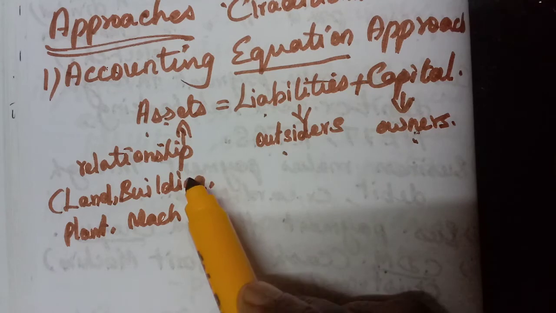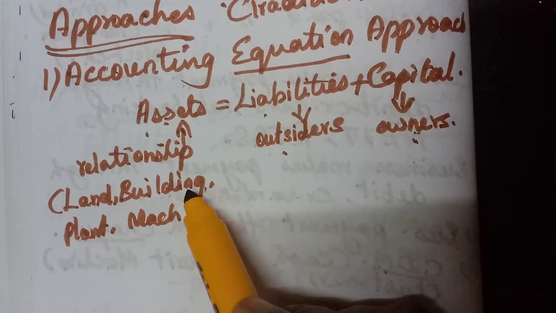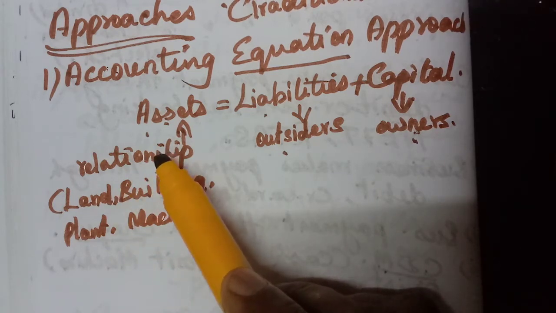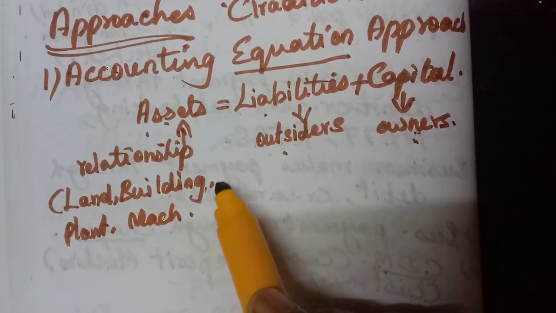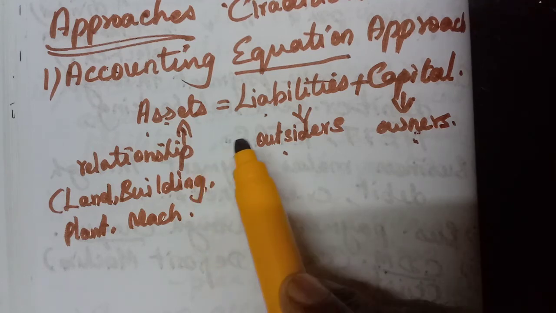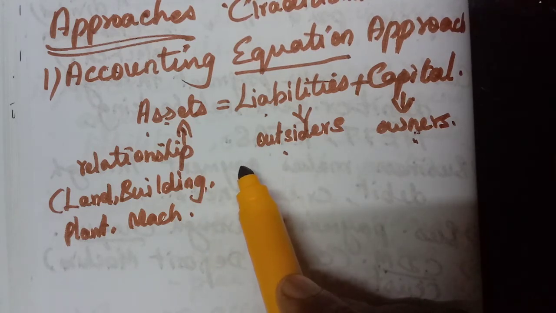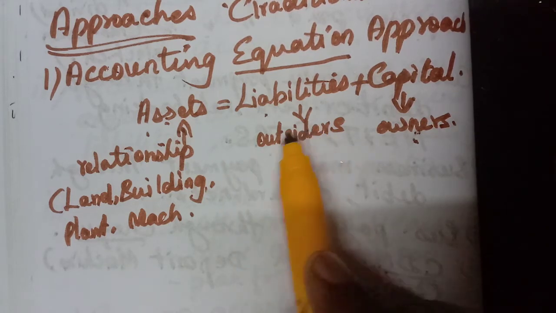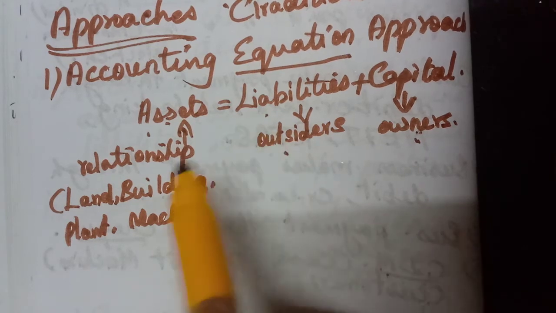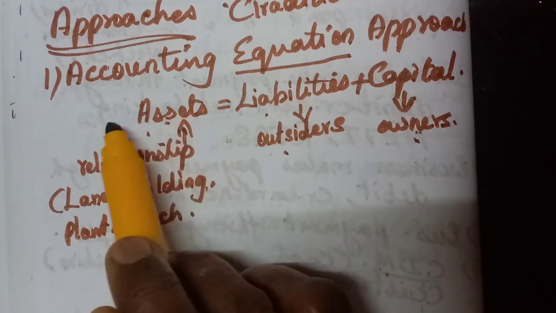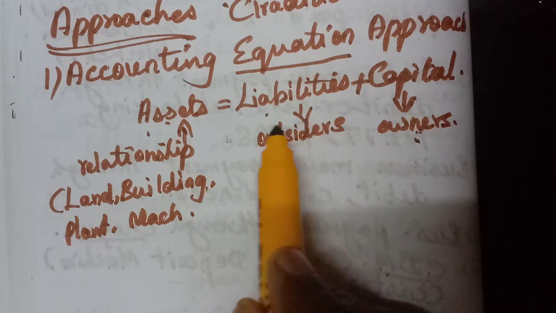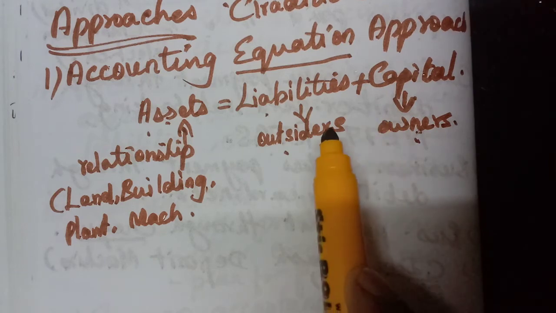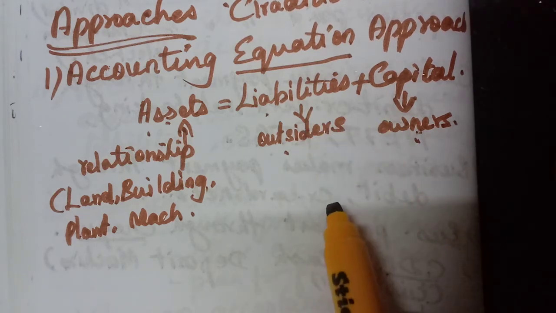Here he is purchasing some asset, isn't it? So automatically it will reduce the asset. That is what we are going to learn next. Here each and every transaction has a twofold effect, that we have studied, isn't it? So it affects the equation. Either it should increase an asset and decrease another asset, or it should increase an asset and increase the capital. Each one will have an example also.